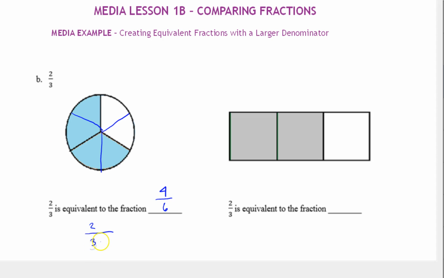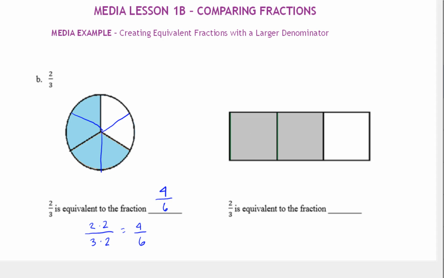So when I cut each piece in half, that made 1 piece now broken into 2 pieces, so that's multiplying by 2. And when we multiply, we have 4/6.